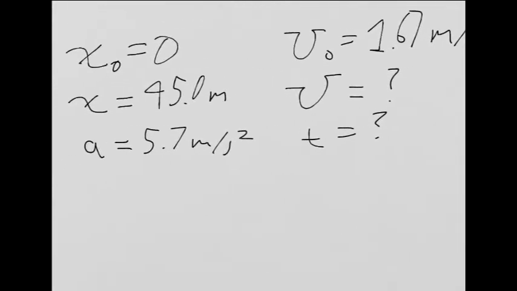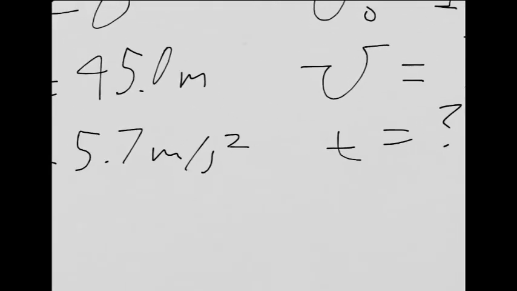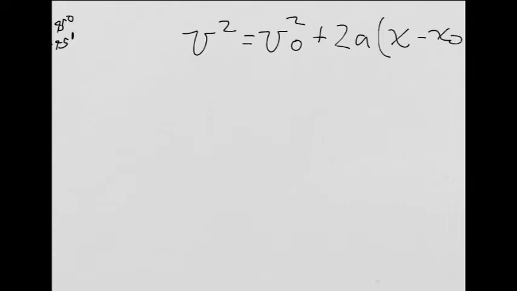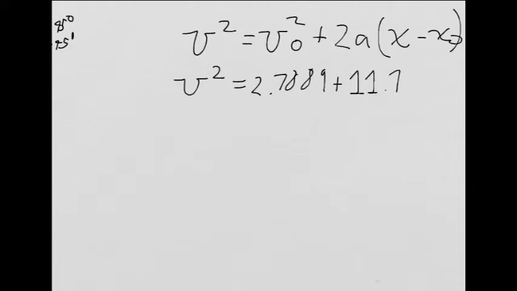So I'm going to pull out some kinematic equations and okay, so let's take formula number 3, which is v squared equals v initial squared plus 2a times x minus x initial. So that's v squared is 2.7889 plus 11.4 times 45.0.